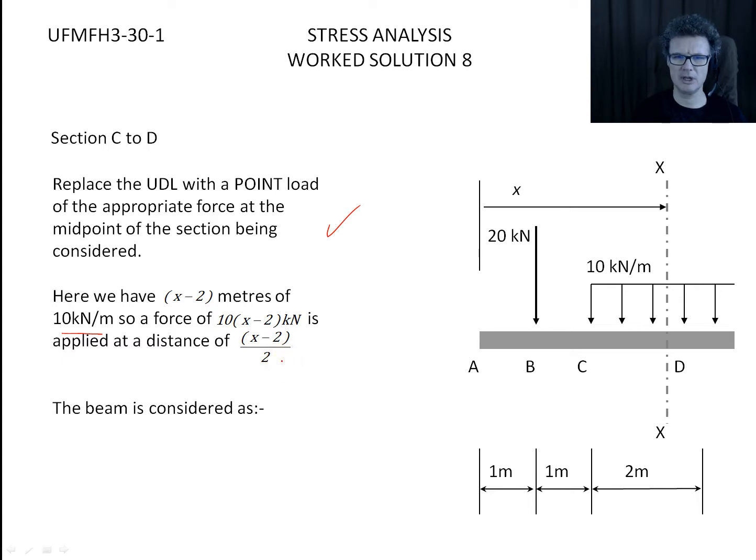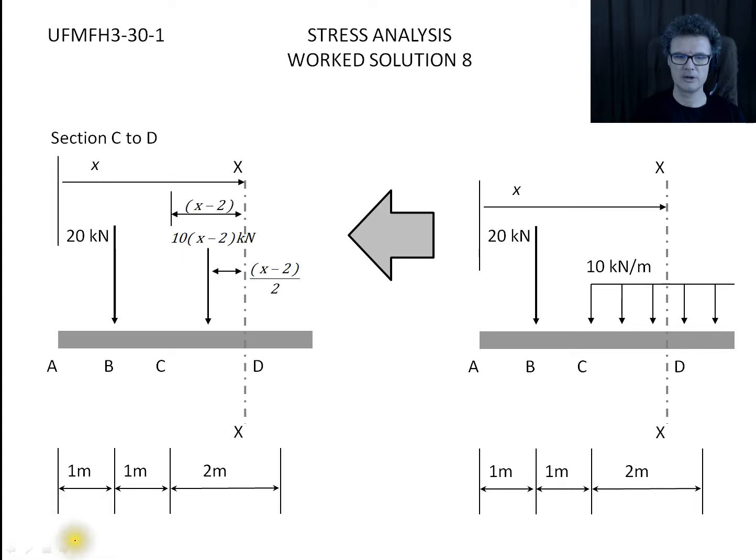I'm working out the BM here, aren't I? So they're explaining to us how we work out the BM bit. I'm guessing the argument in the worked solution is that it's quite straightforward to work out what the SF bit is. The SF bit is simply going to be the 10 times the x take away 2. So that's straightforward.